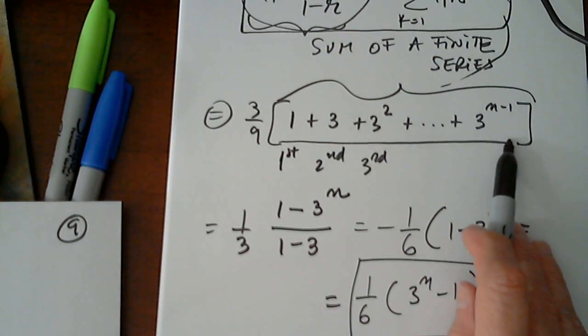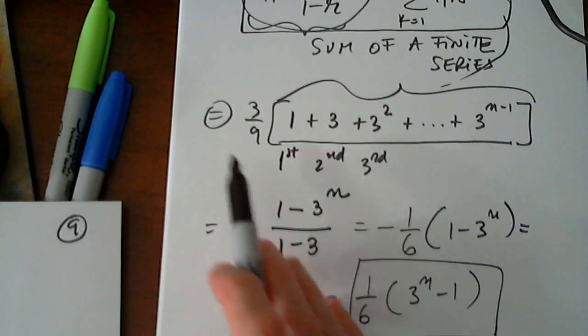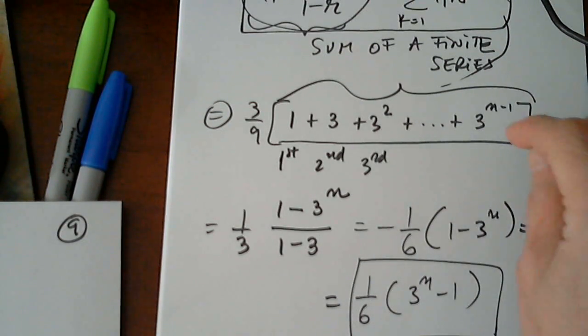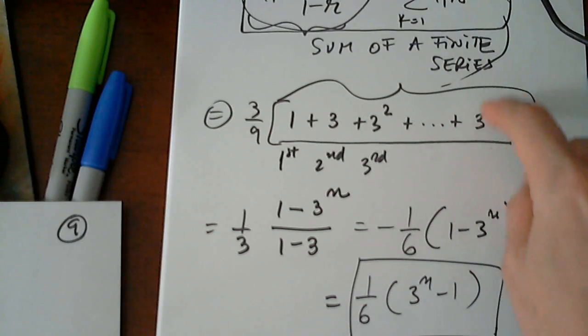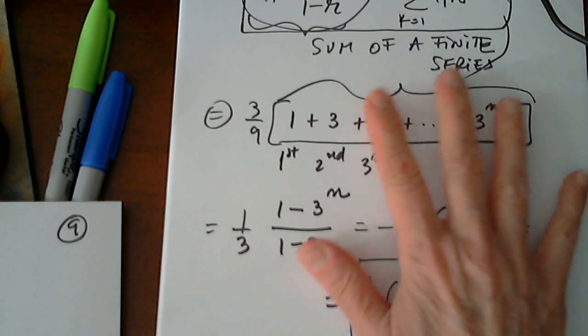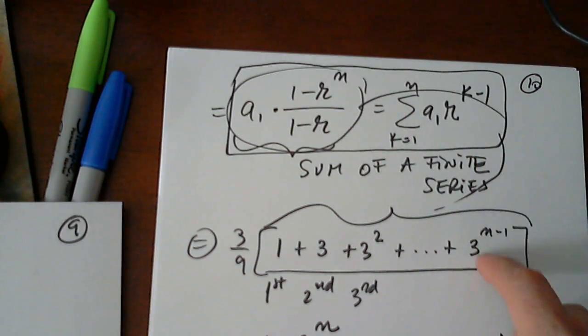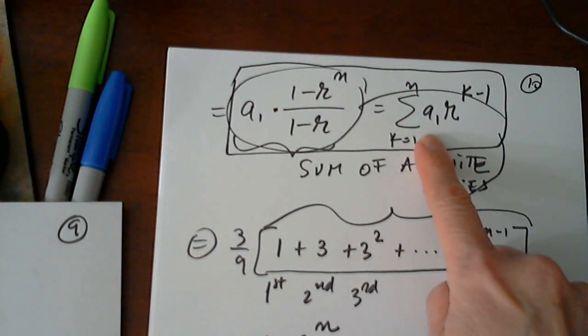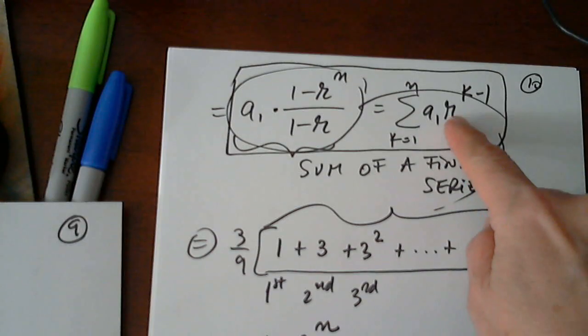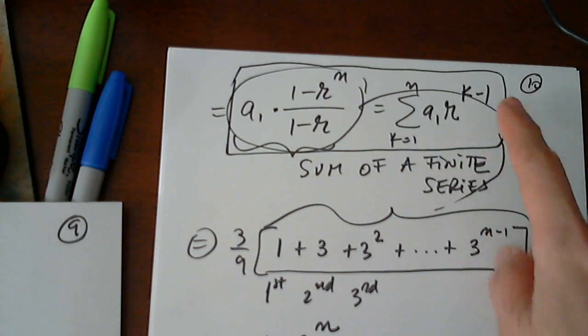I had to rearrange all this by factoring out so I can get up until 3 to n minus 1, because when k is n, the last term is a1, which in this case is 1, times 3 to n minus 1.